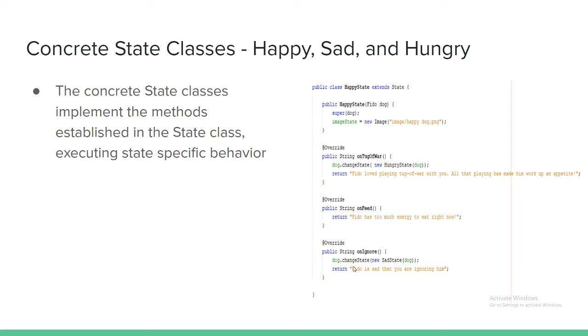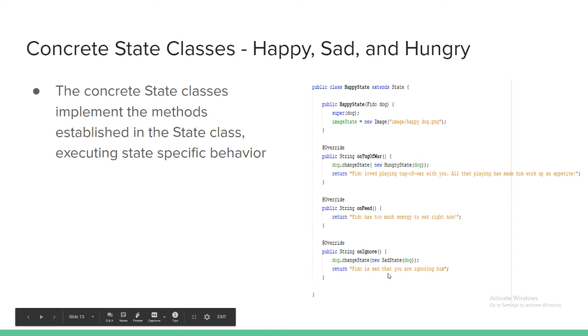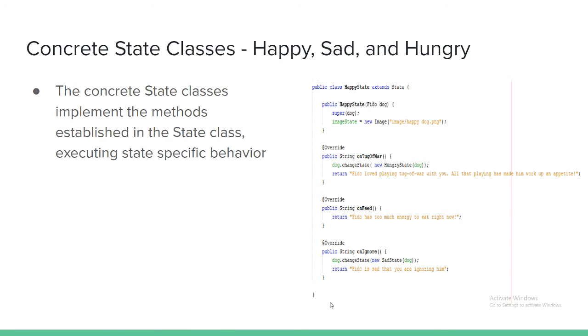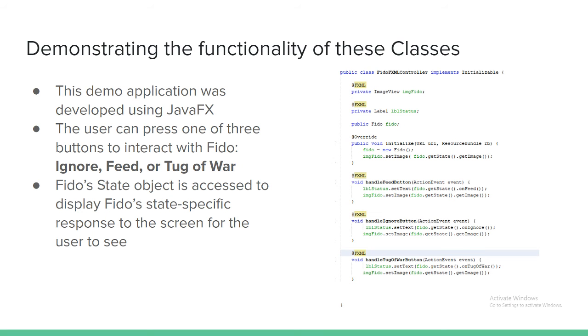But if you ignore Fido while he's happy, it changes Fido's state to sad, and then it returns a string, Fido is sad that you are ignoring him. So we can see how each of these different activities are different based on the state.